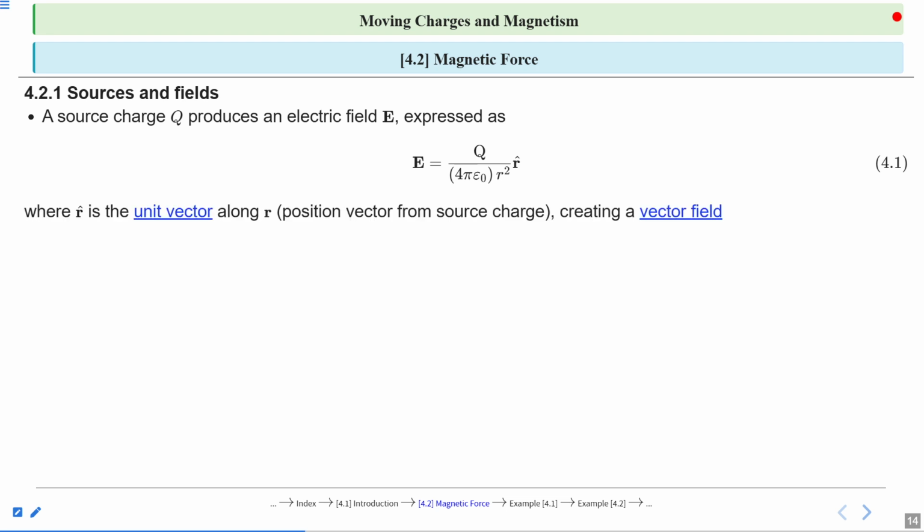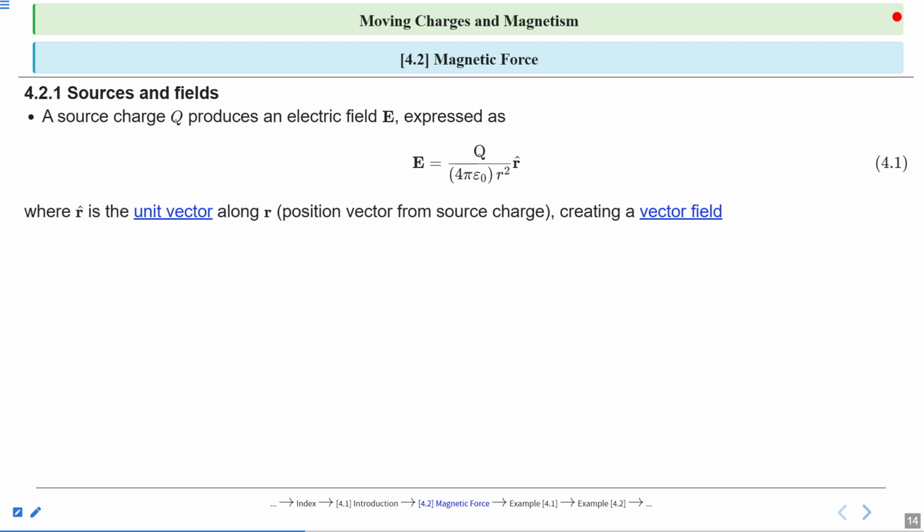Here R cap is the unit vector along R. What is R? The position vector from the source charge. If we want to find the electric field at some point, we draw the position vector from the source charge to that point, and R cap, the unit vector of this position vector, shows the direction of the electric field.